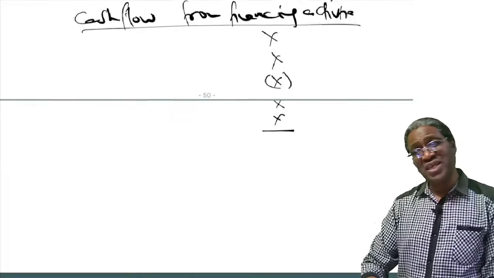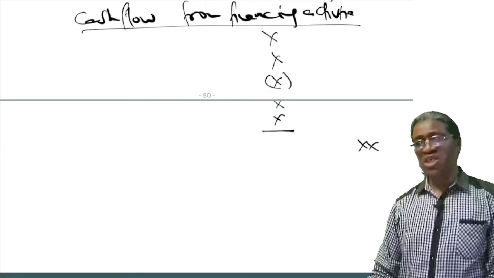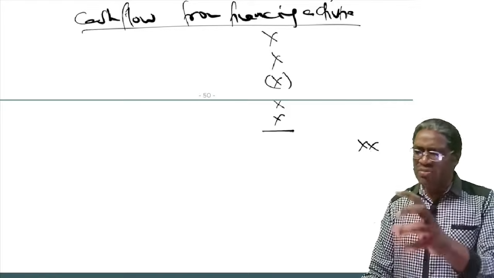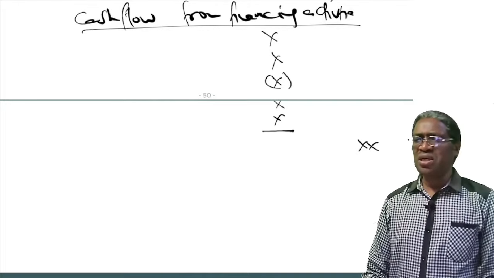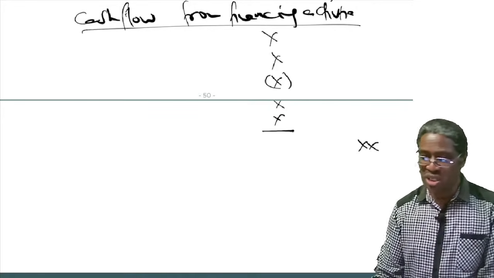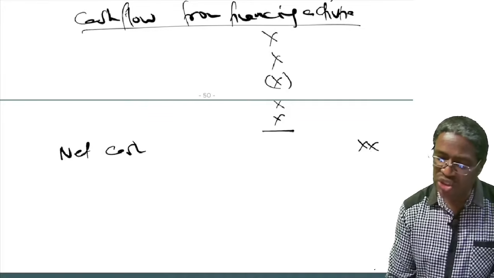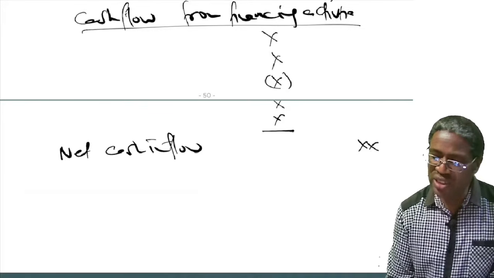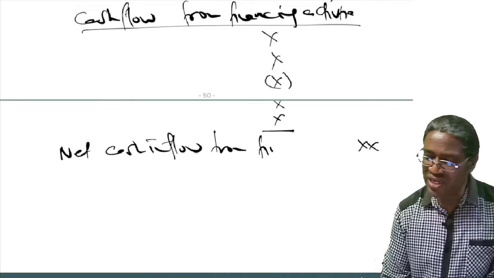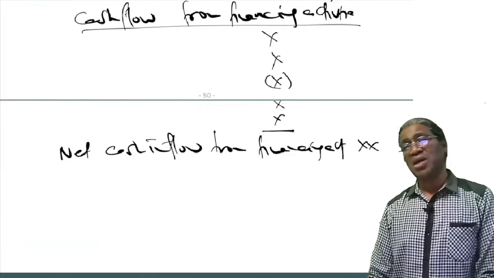Let me assume for now that the net amount was a positive amount. If it's positive, you used to call it net cash inflow from financing activities.